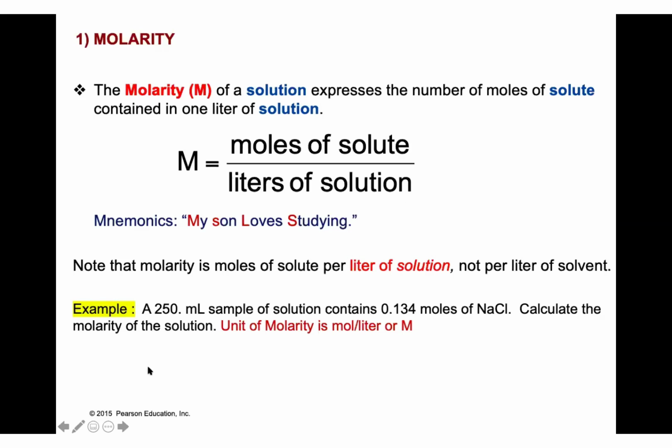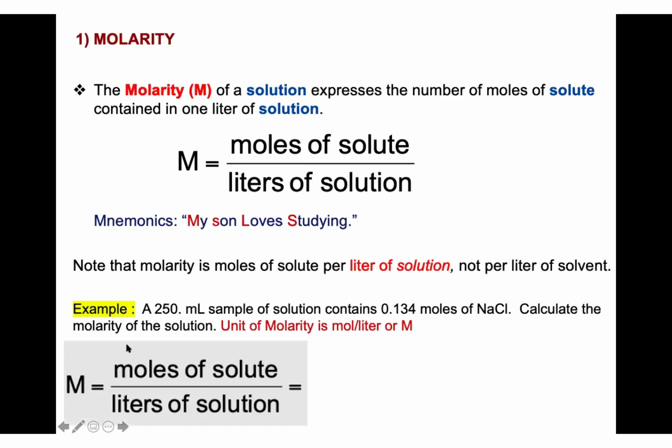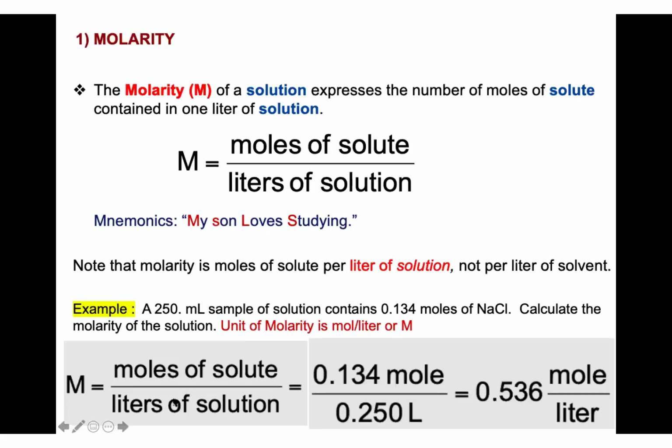So for example, we have 250 milliliters of solution containing this many moles of NaCl. It says calculate the molarity of the solution. So what's the molarity? It's already asked for molarity. So what should come to our mind is moles of solute over liters of solution. So we're gonna put the moles on top and the liters of solution.